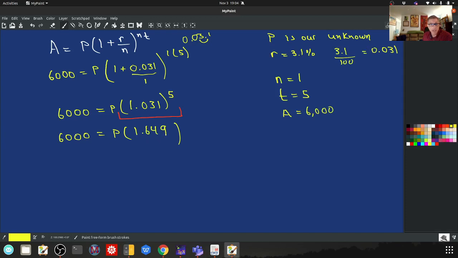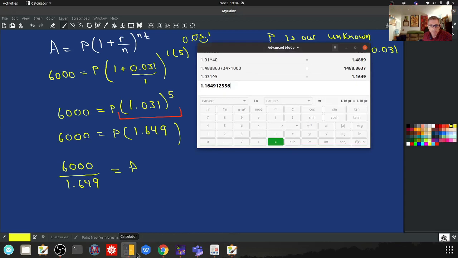So now all I have to do is solve for P. So I need to divide both sides by 1.649, and that will get me my principal. Now in my calculator, I hope I didn't mess that up by hitting that button again. I'm just going to do a little algebraic trick.